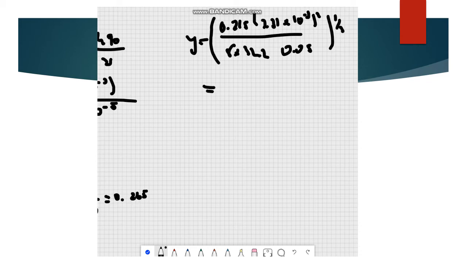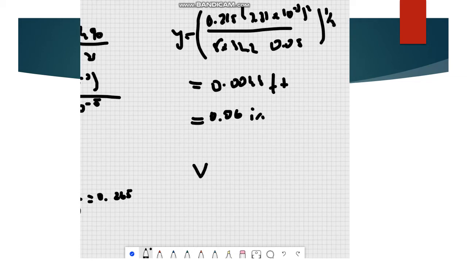The depth is 0.0048 feet, which is 0.06 inch.